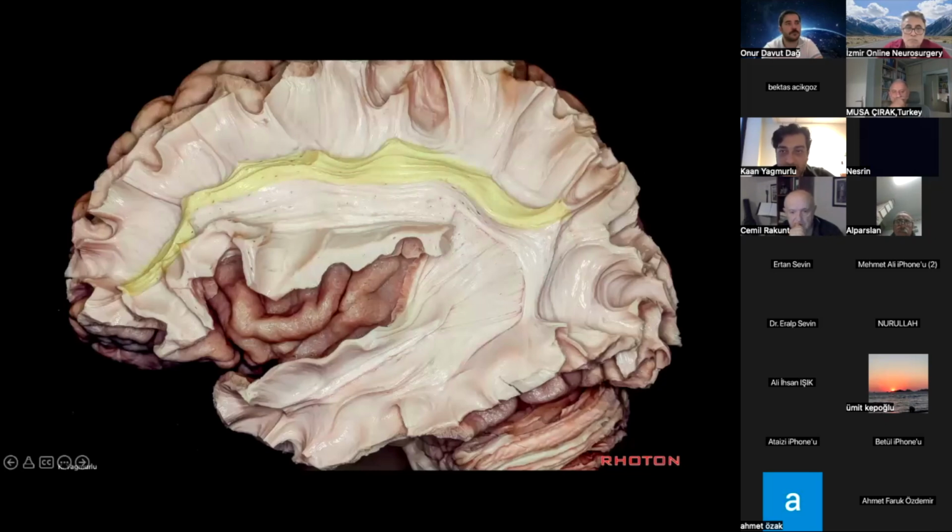For instance, this is the occipital lobe again, which is the visual center of the brain. Let's say that someone throws a ball towards me from far. First, the visual information goes to the occipital lobe, and then this information is taken to the parietal, which is the navigation center of the brain, and I can realize the location.